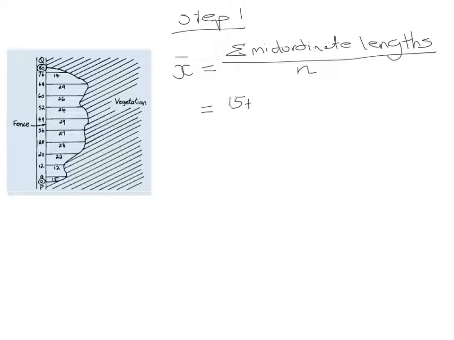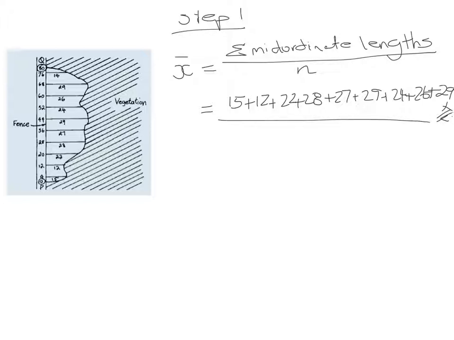So in this instance, we're going to do 15 and 12 and 22 and 28 and 27 and 29 and 24 and 26 and 29 and 14, divided by 10.